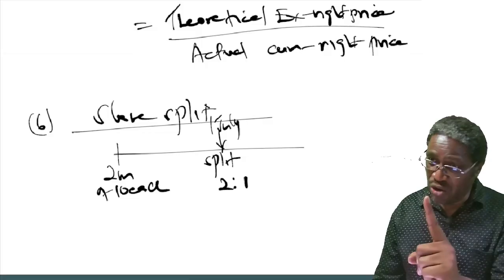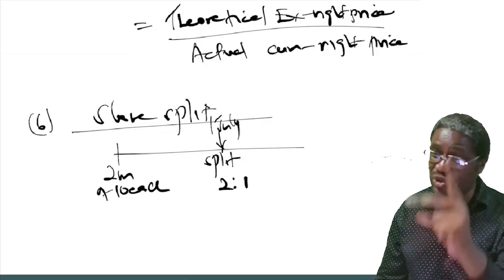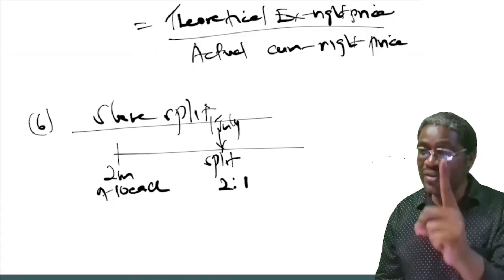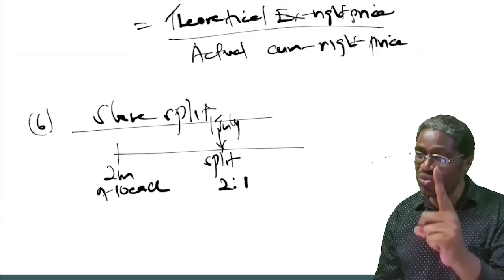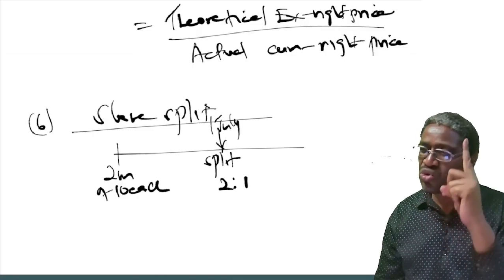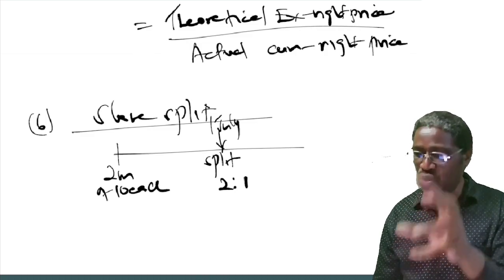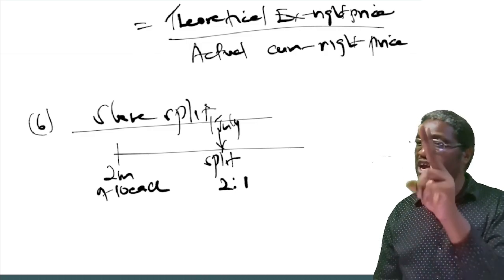Ukiwa na moja on 1st July morning, it means in the evening you'll have 2. They will take your 1 share and we make it 2. That's why we are saying we issued 2 new shares for every one. We did a split in the ratio of 2 for every one.